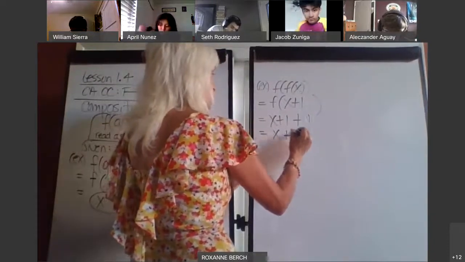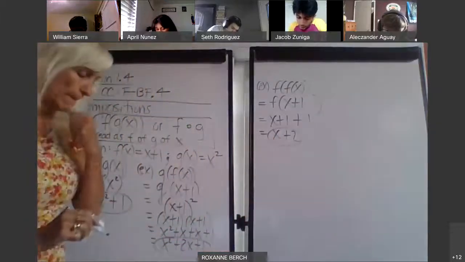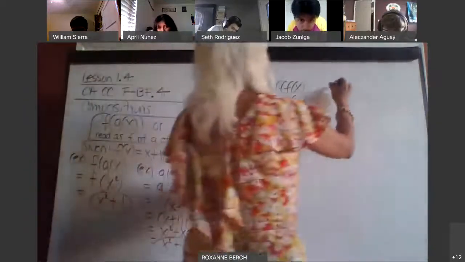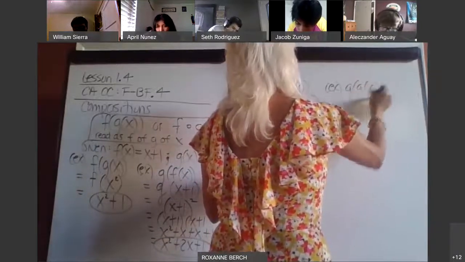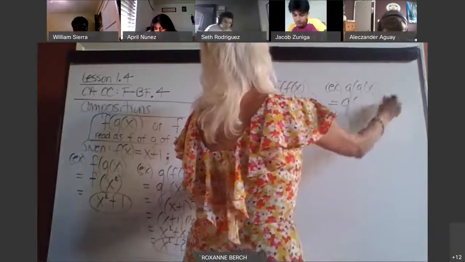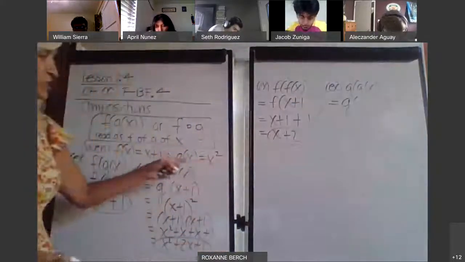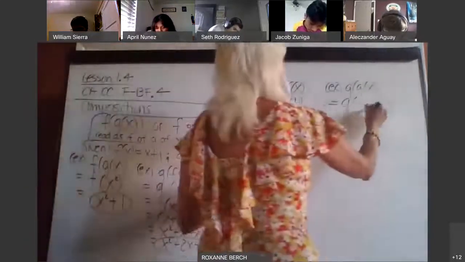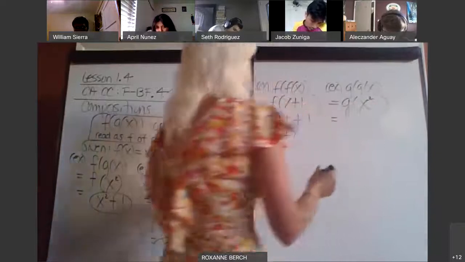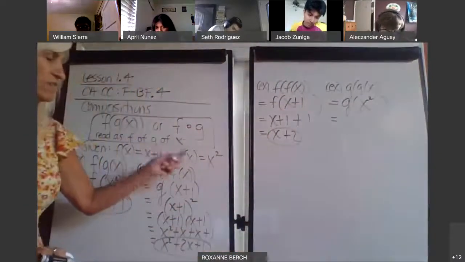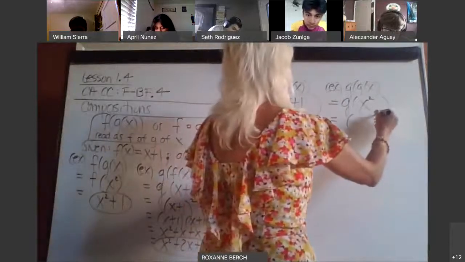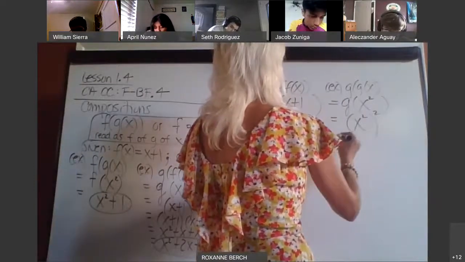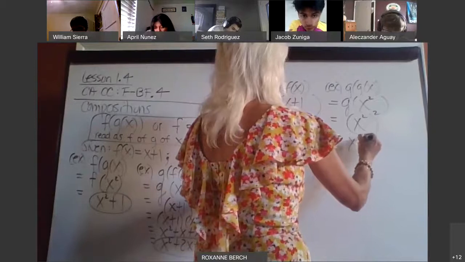So x plus 2 would be your composition. On this one, you put the g function in, which is x squared. That becomes the x of the g function again, which is something squared, and the something is x squared, so this would be x to the fourth.